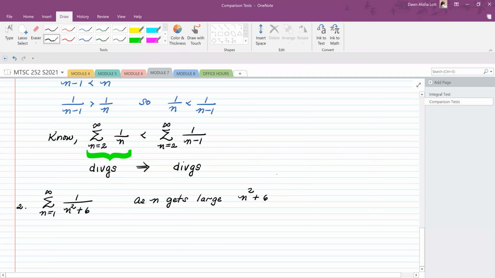So they kind of look a lot alike when n is really, really big. So let's see if I can look at the comparison between these two.